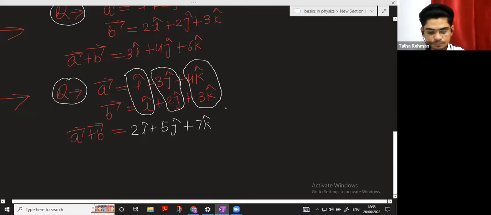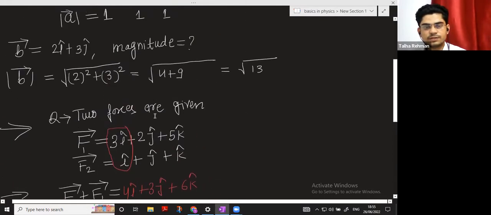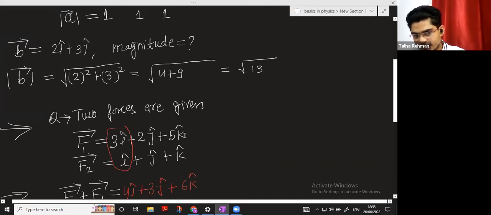So this is the vector addition. Here we have added two vectors. You can see vectors look like this. This is one vector. This is another vector.